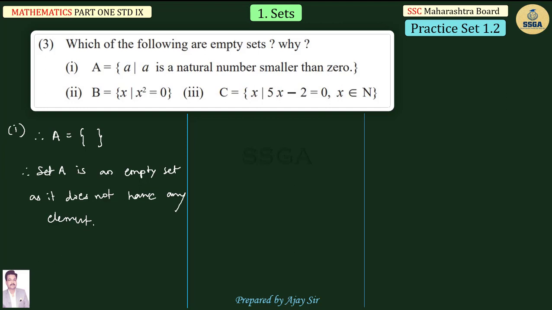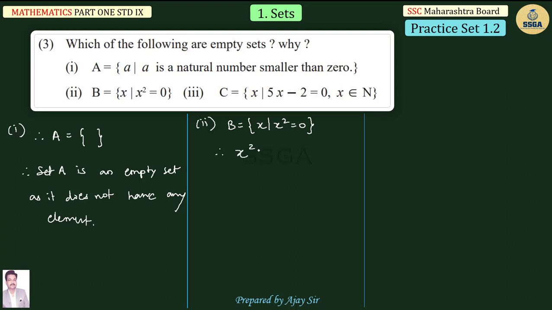Similarly, let us discuss the second one. Set B is the set of all x such that x square is equal to 0.